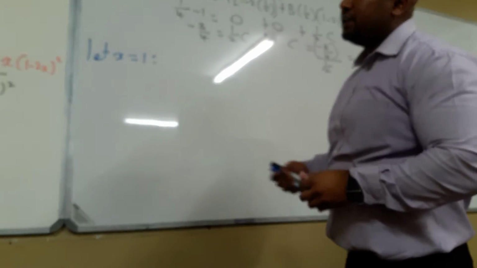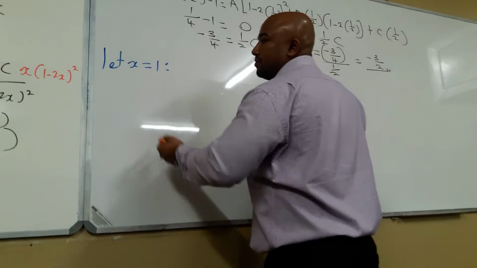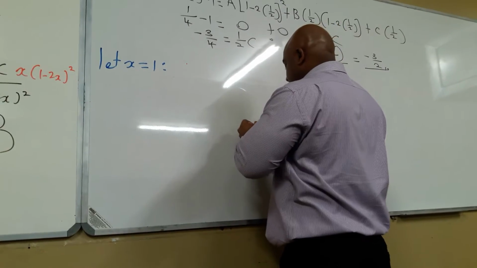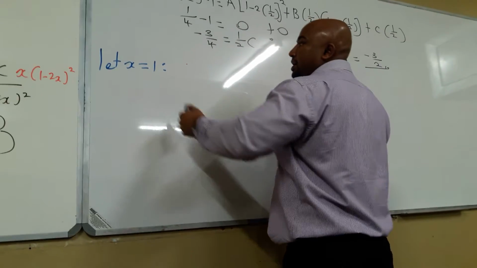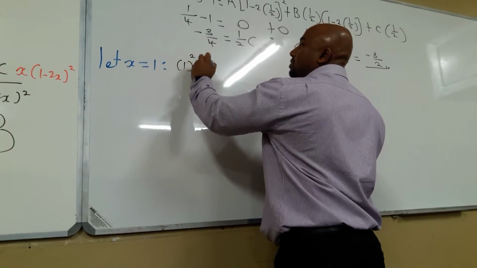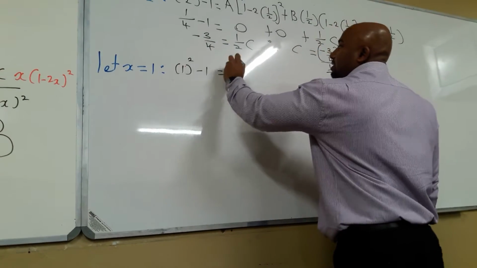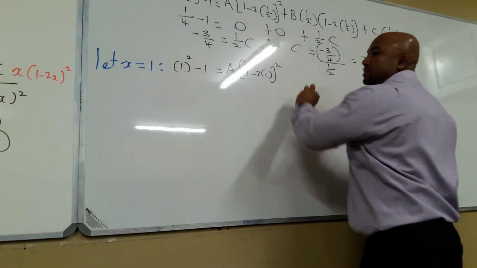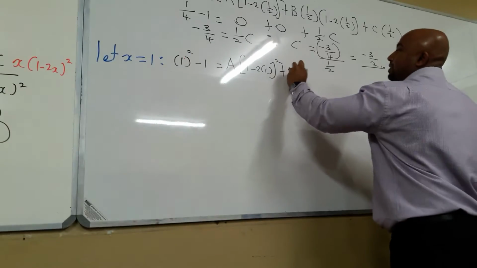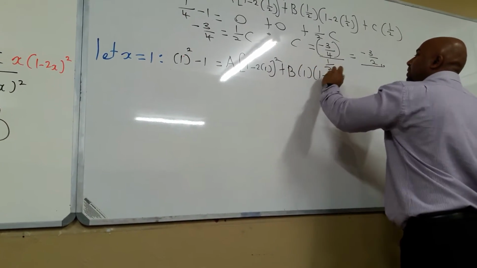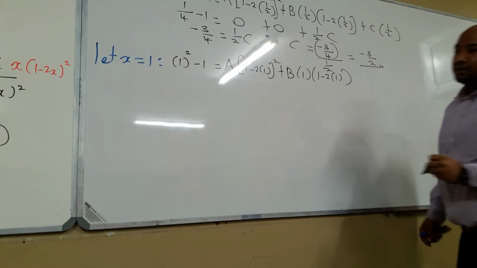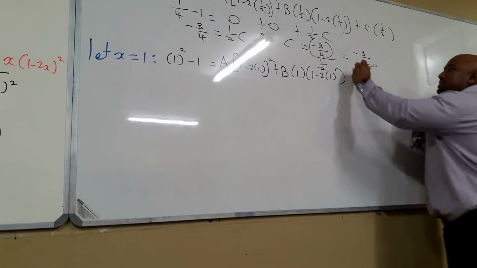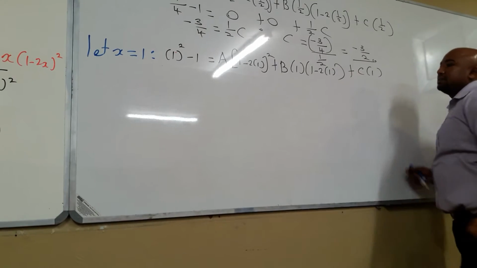So on the left hand side, we will have x squared minus 1, so that's 1 squared minus 1. That equals a times 1 minus 2 times 1 all squared, plus b times 1 times 1 minus 2 times 1, and then your last term, c times 1.